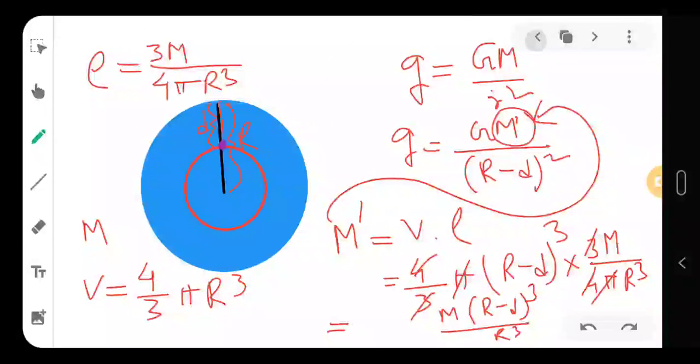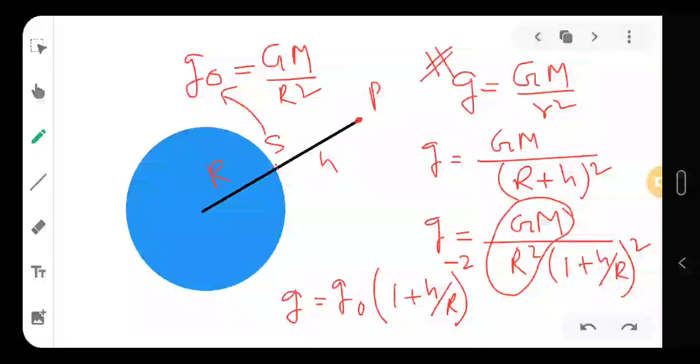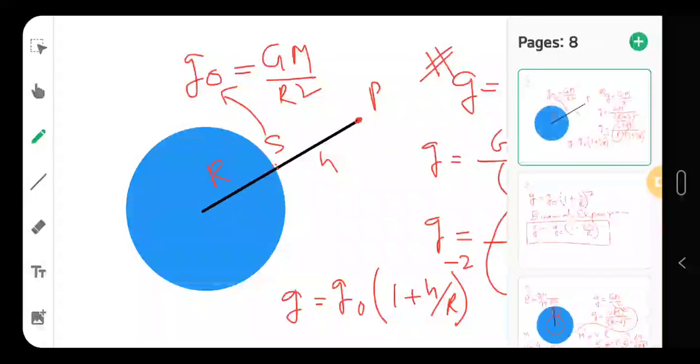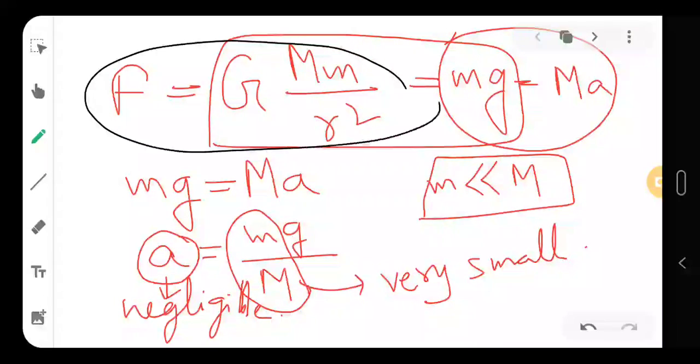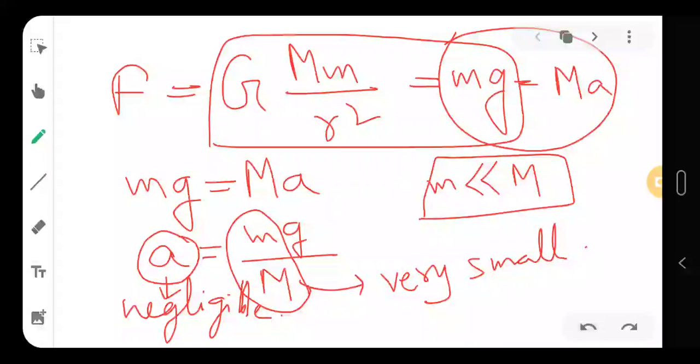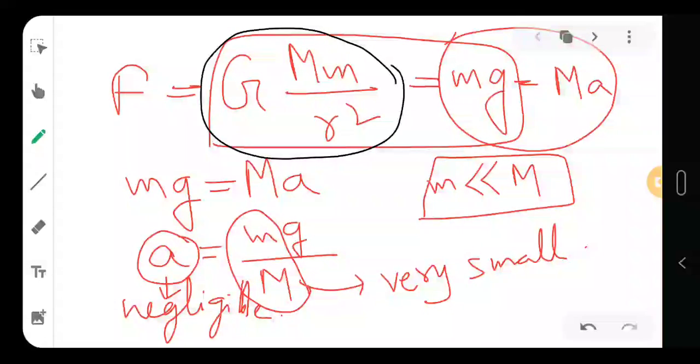So this Newton's law is valid how much? Like, what is the limitation? Yeah, this is also limited, to a certain extent. If you go very near to a very massive object like a black hole or neutron star, then this law will not work.